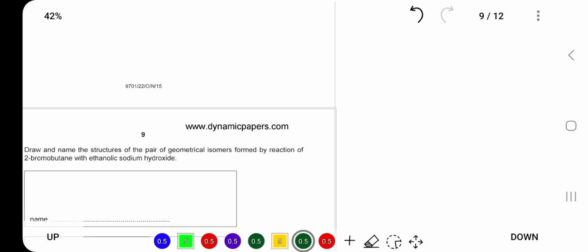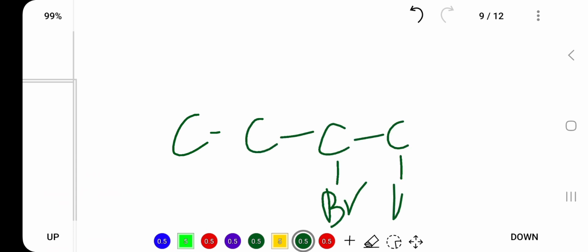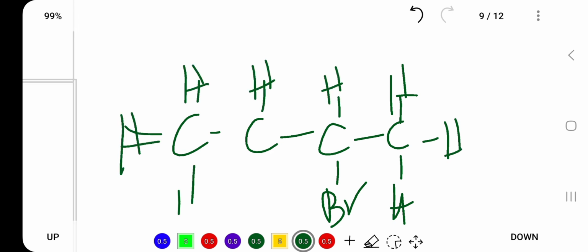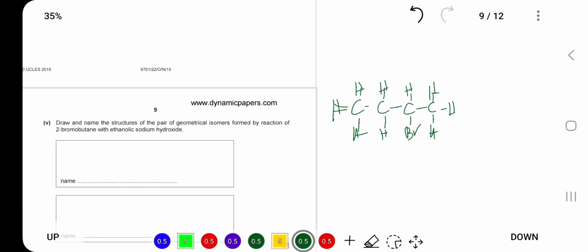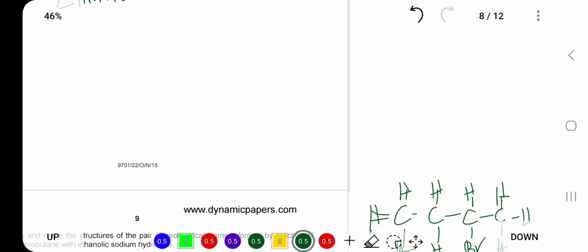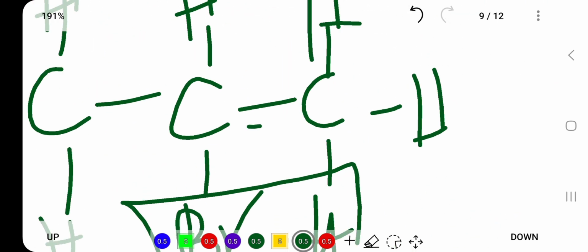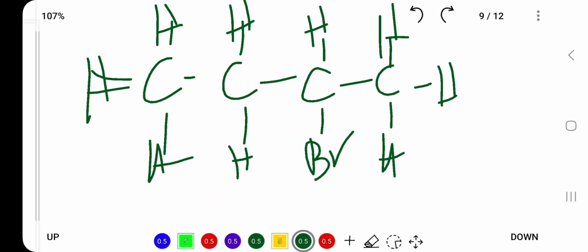So what happens again? You can skip this part. I'll try to be quick either way. Since you know that it is an elimination reaction, it means you eliminate something. And as I told you, the answer here should be an alkene, so you should eliminate two things, so there will be a double bond.